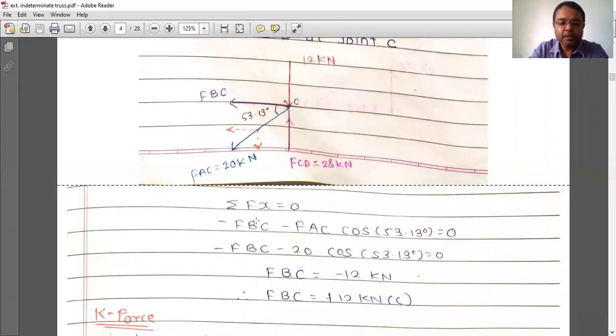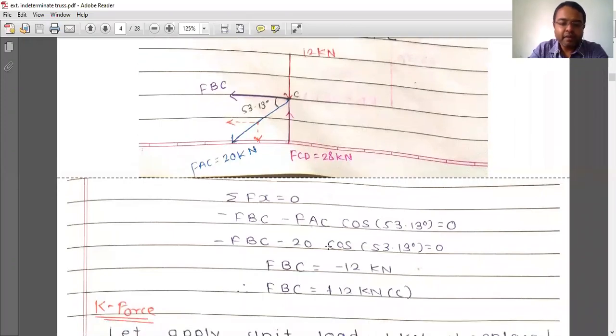So here we have got the answer negative. Again make it plus, and instead of tensile write here compression, just opposite of tension. So finally FBC we are getting 12 Newton as compression.